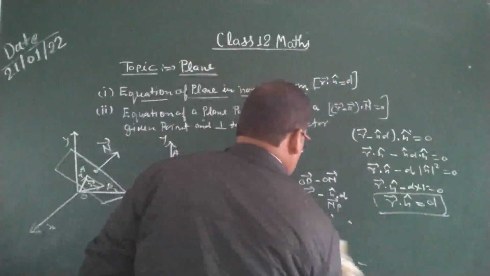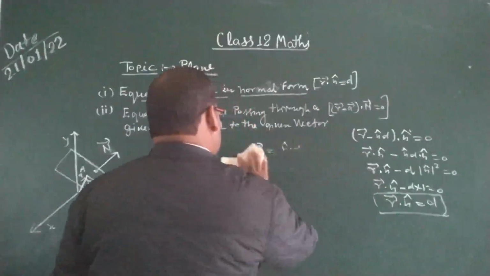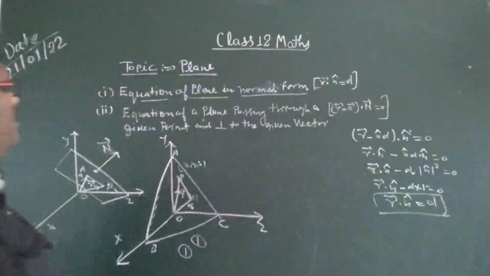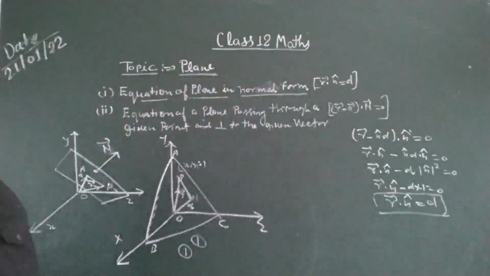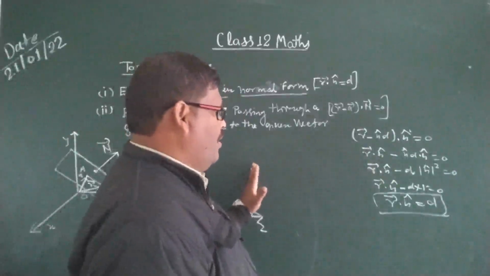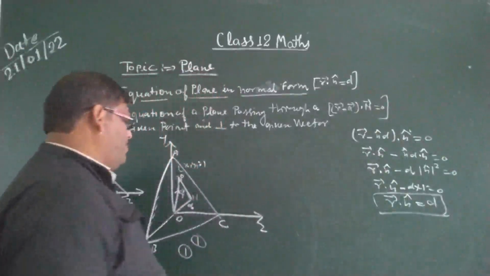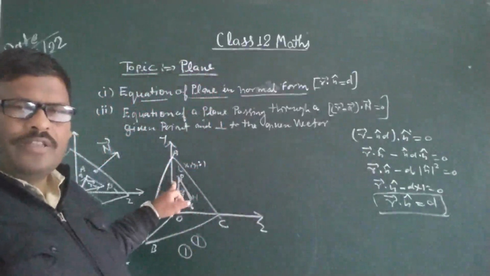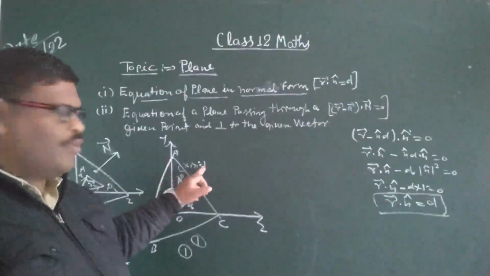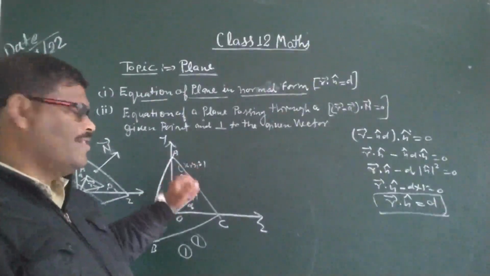Use the position vector of the point P and the position vector of the point N in Cartesian form. As you know that P is a variable point, therefore the coordinate of the point P will be x, y, z.